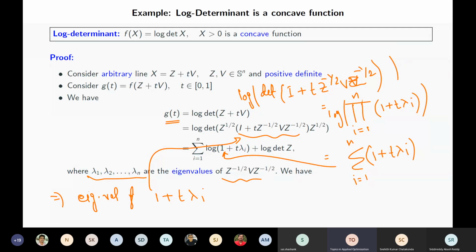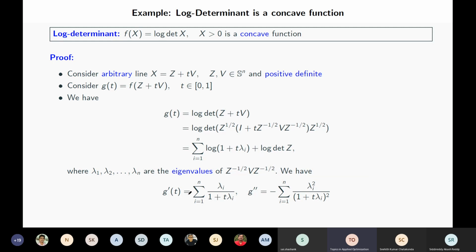Remember, our goal: this is the function f, the small f, restricted on a line. And we see this restriction as some other function g of t, and we have to prove that g of t is convex. So we simplified this so that it becomes a sum of some simple functions, which in this case is log of 1 plus t lambda I, which is a simple function for us to analyze.